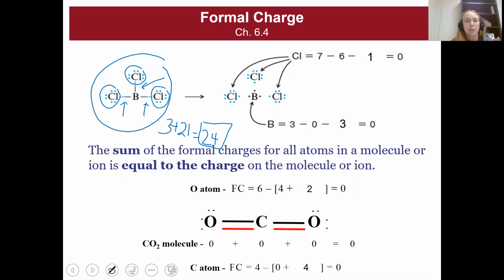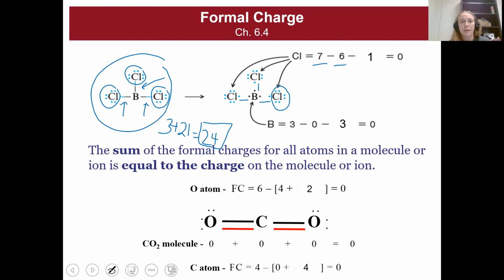And if we split those bonds in half so that we can see that there's 2 electrons in each bond, that's how you would want to do it if you're doing the 1/2 method. But now we're going to calculate the formal charge. So chlorine had 7 valence electrons. There are 6 non-bonding electrons on each chlorine because it has 3 lone pairs.